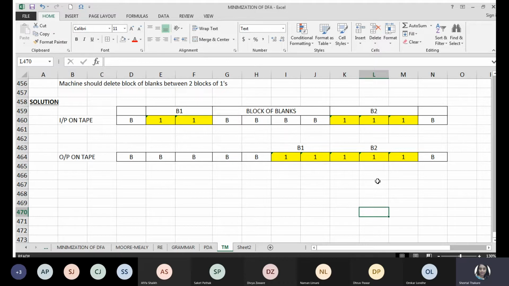But the real life scenario is that the tape is infinite. You are not aware how many ones are there in B1 or B2, and still you need to remove the blanks. You don't know how many blanks are there in between, and still you are supposed to remove the block of blanks. The only thing you know is that the number of ones is finite and the blanks in between are also finite.